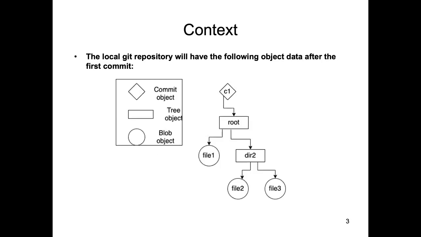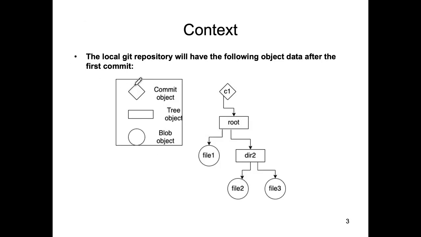Let's suppose I do a staging and commit, my initial commit of that working directory. What I'm trying to show here is my way of representing the internals of the Git repository in terms of objects and how objects refer to other objects.